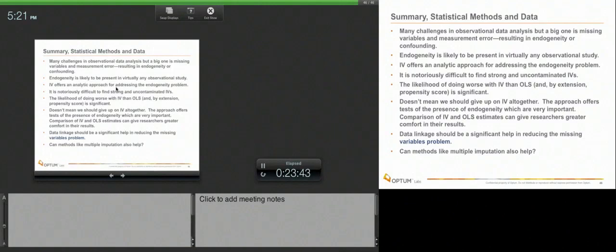In terms of the data linkage issue and reducing the missing variables problem, have you been able to identify certain data sets that are more helpful in solving that problem than others, and were there any surprises? One of the things that's interesting about AARP is they've got all kinds of consumer data.